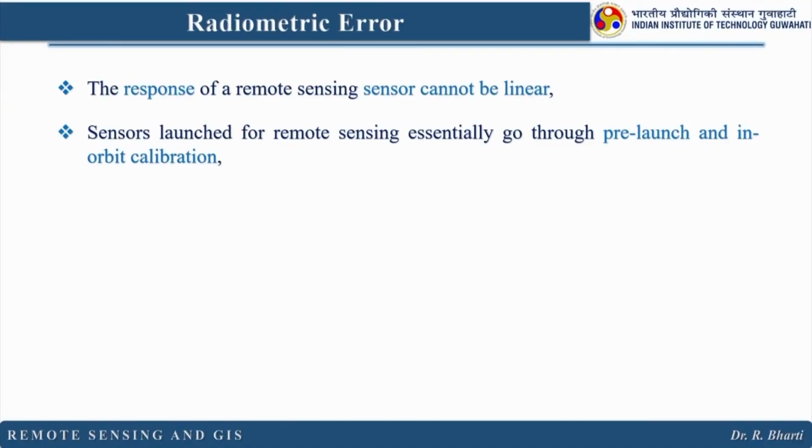Now, the second point is that sensors launched for remote sensing essentially go through pre-launch and in-orbit calibration. Whenever we design a satellite, it will carry some payloads, and payloads are basically your sensors, and sensors consist of detectors, and detectors have to be calibrated.